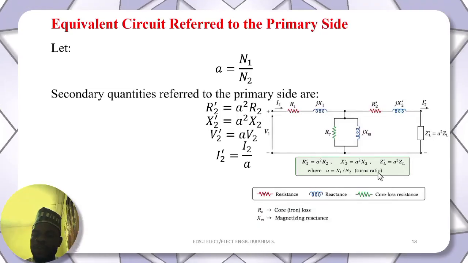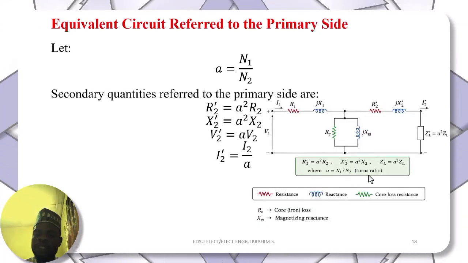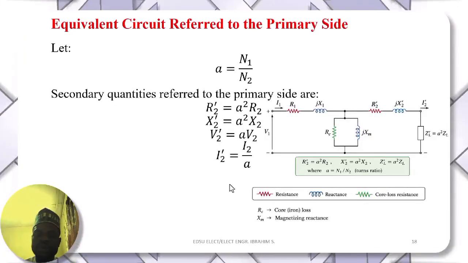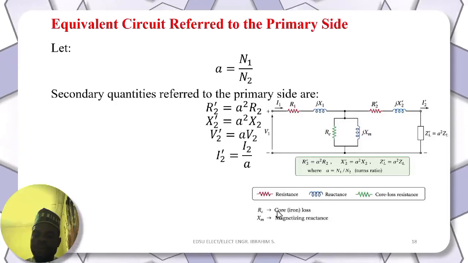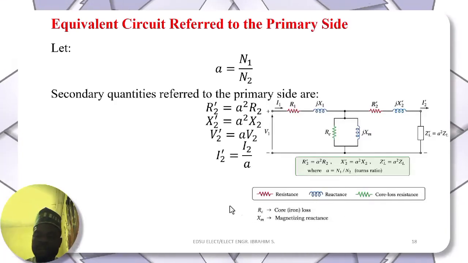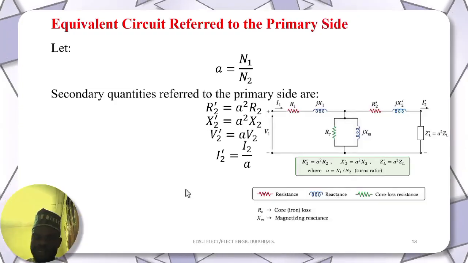And we know our turns ratio to be N1 over N2. Then you also have the representation of those things on our circuit, where Rc is the core loss component, while Xm is the magnetizing reactance.